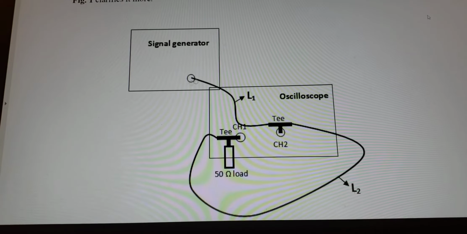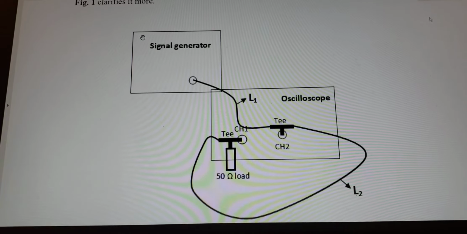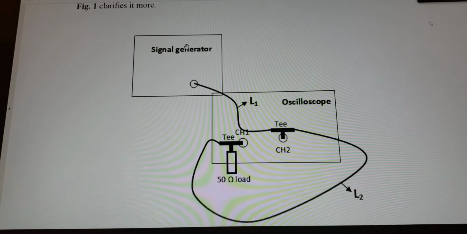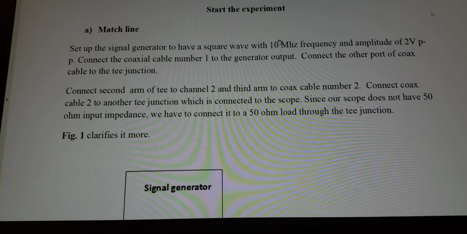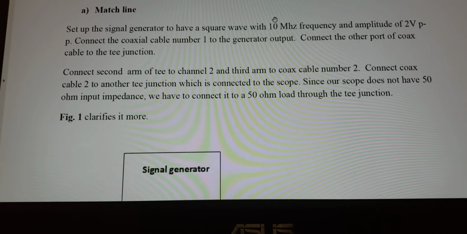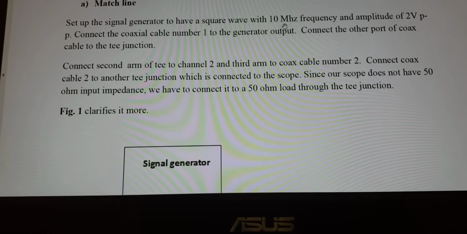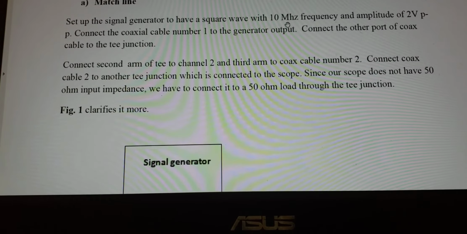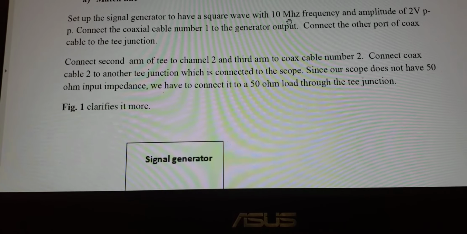Look here. We have a function generator or a signal generator, and this device is used to generate a signal, and we will set this device to give us 10 megahertz, but our device in the lab cannot generate 10 megahertz. The maximum frequency that we can get is 1 megahertz.